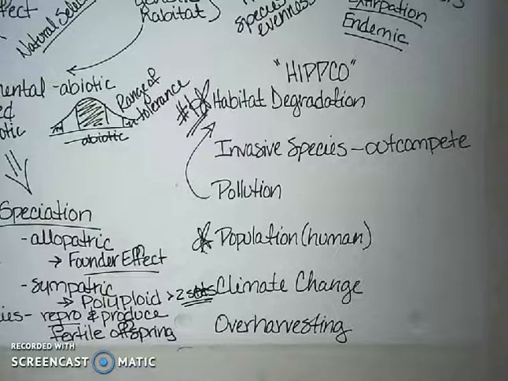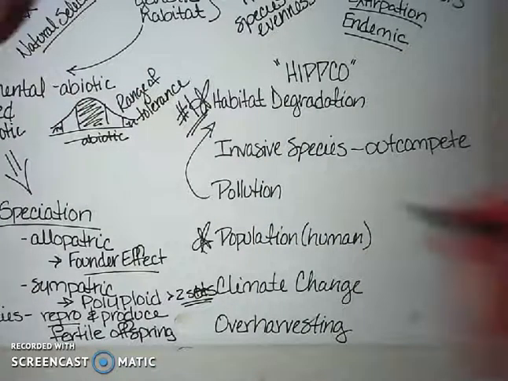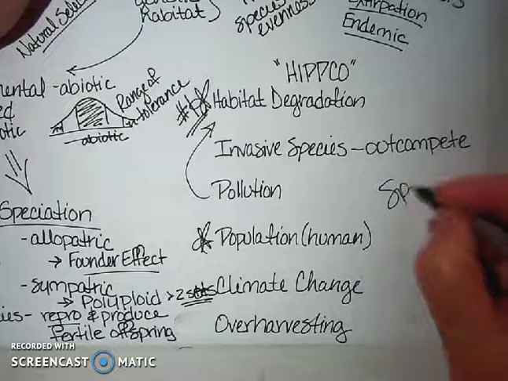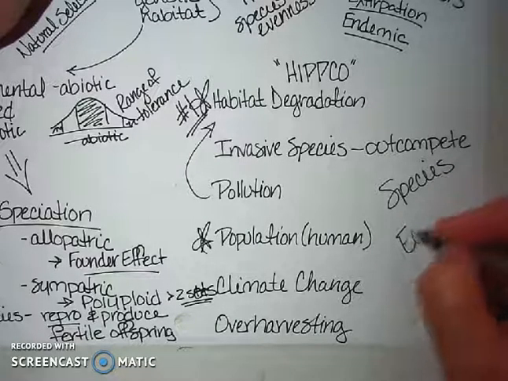So those are the ways in which we are causing this sixth major extinction event we are in. Those are the things that are being done or happening. Really quick, we need to save species. There are two different ways to do this. You can either try to save a species, or you can try to save an ecosystem.